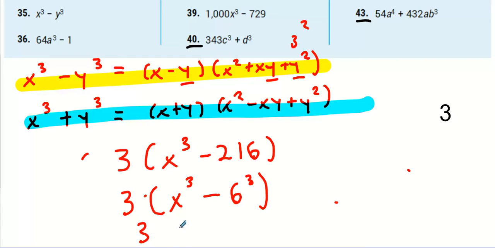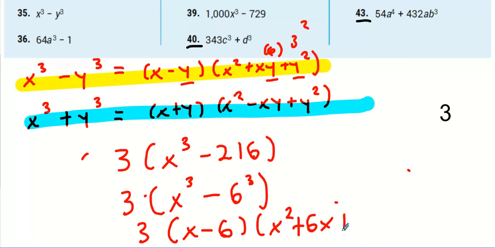So it's going to be 3 times x minus 6, and then x squared. Now it's going to be plus 6x, fair play, and then y squared, 36. We happy with that? Okay. And so that's 41 done. Take note of that as well.